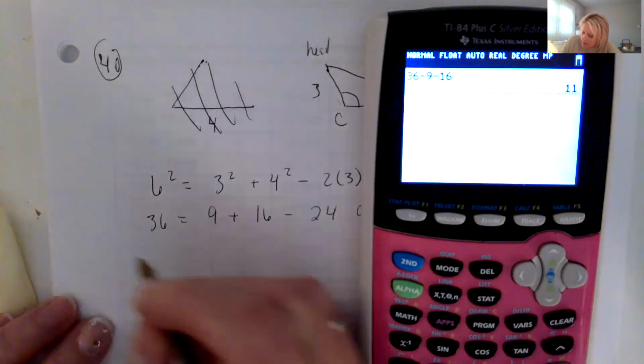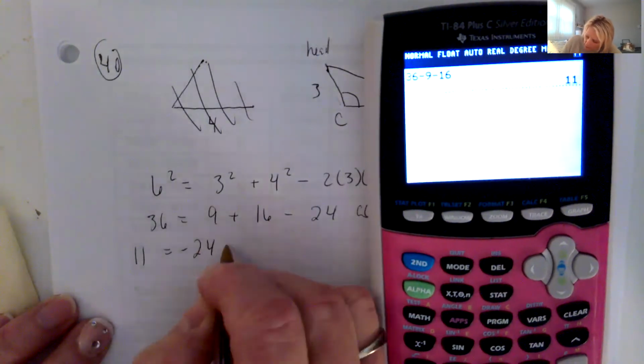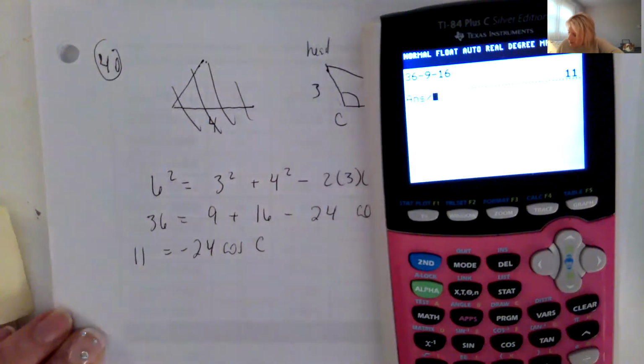So we have 11 over here equals a negative 24 cosine C. And then we divide by the negative 24.